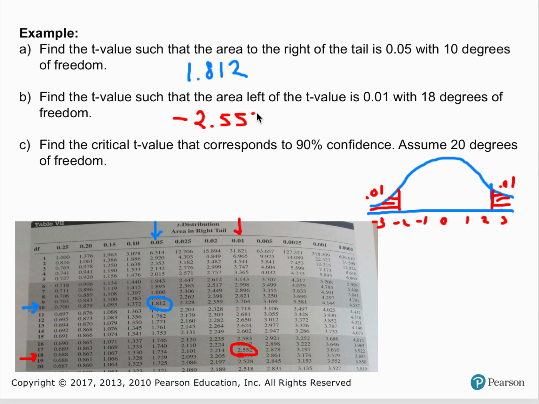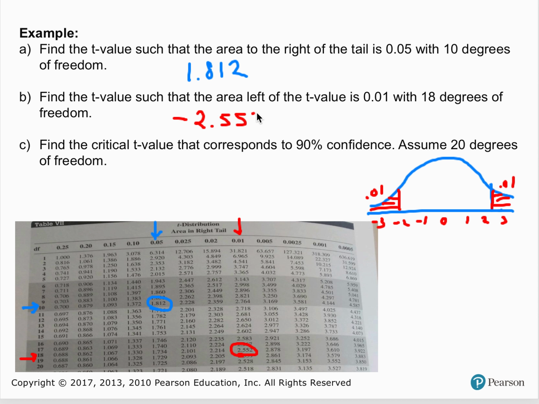Okay, now it asks me to find critical t-values. Notice these are critical values when we're talking about our confidence intervals that correspond to a 90% confidence interval. All right, so what that means is this needs to be 0.90, which means this is 0.05 and this is 0.05. Right? Okay, and this time we're doing 20 degrees of freedom.